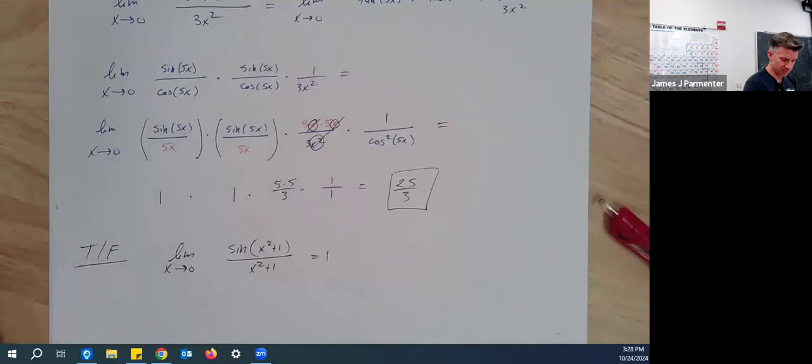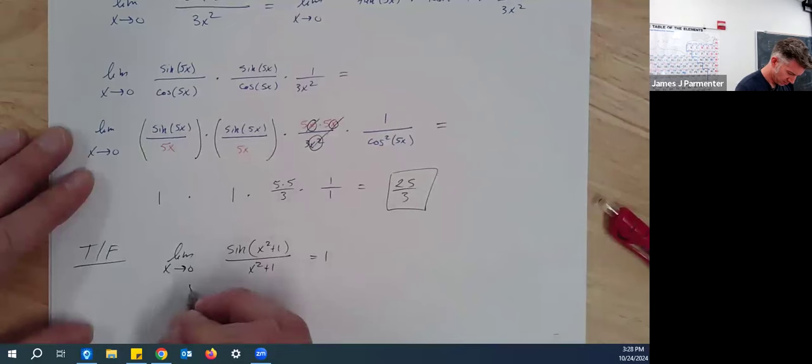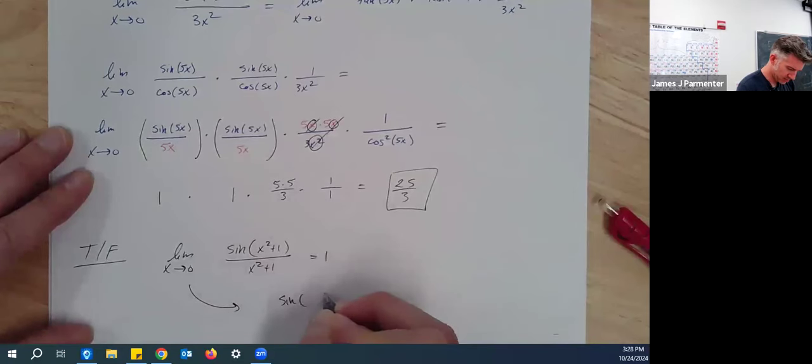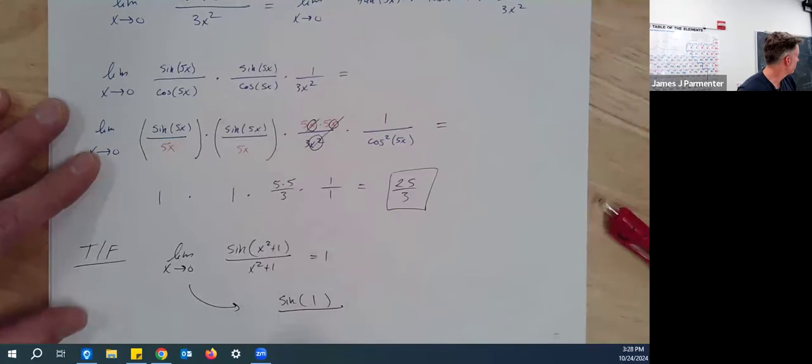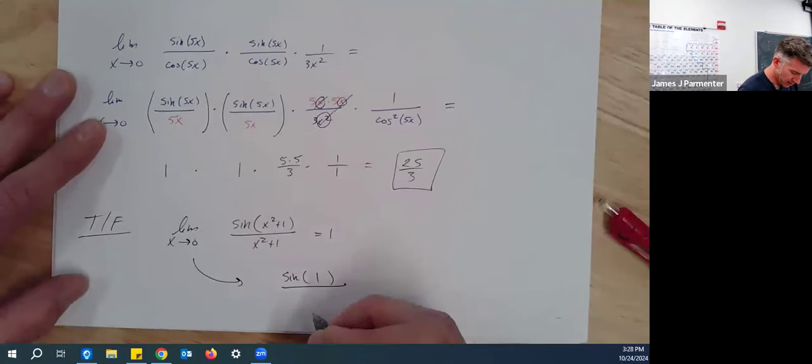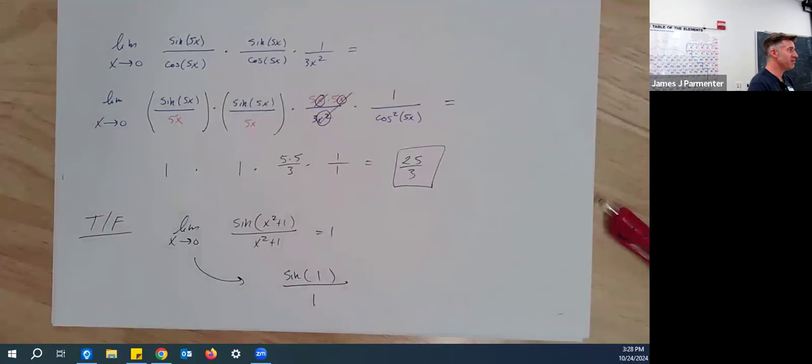I get sine of 1 divided by 1. And you know what sine of 1 isn't equal to? Not equal to 1. Sine of 1 is something terrible. Let's see, 1 radian is close to 60 degrees, so sine of 1 is close to 0.86.